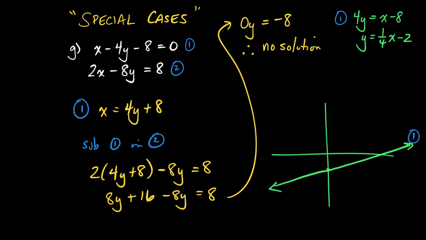Well, if I was to do the same thing with equation 2, and now I'm going to take equation 2 and get the y all by itself, then 8y is going to equal 2x minus 8. Y equals 1/4 x minus 1.